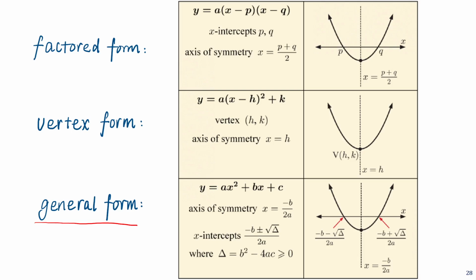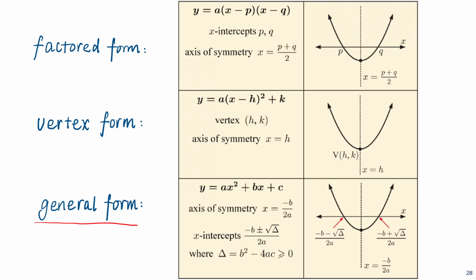If you have its two zeros, for example, p and q, then the quadratic function can be expressed in this form: y equals a, the leading factor, times (x minus p) times (x minus q). So p and q here are the zeros of the function, which are also its x-intercepts. And of course, if you express it that way, we know the axis of symmetry, which is the x-coordinate of the vertex, is the midpoint of p and q. Therefore, the axis of symmetry is x equals (p plus q) over 2.